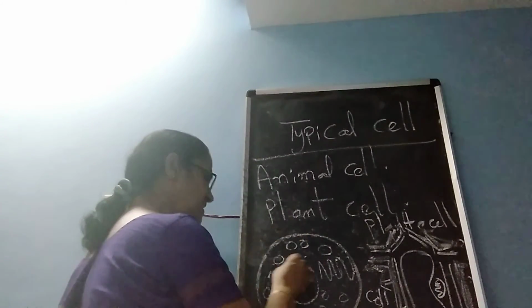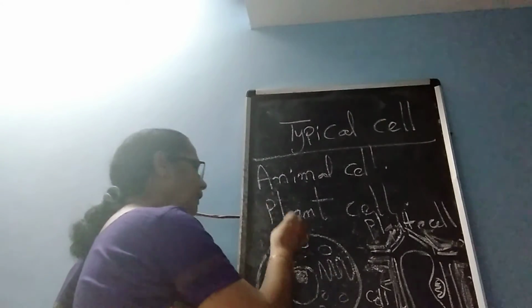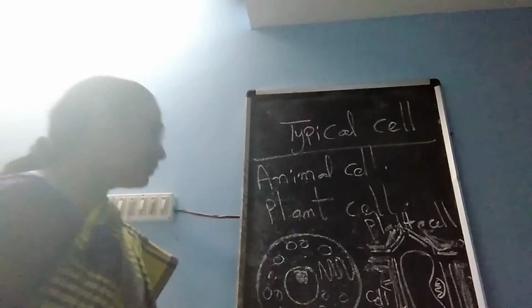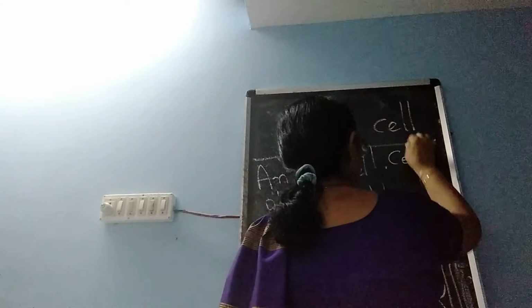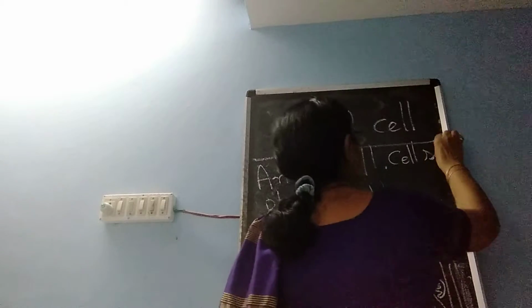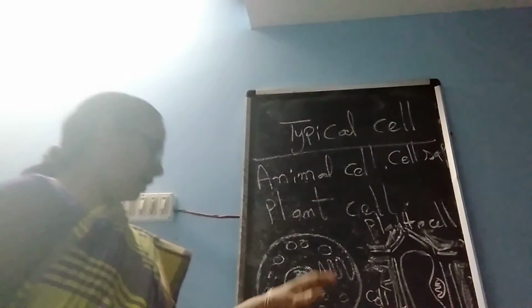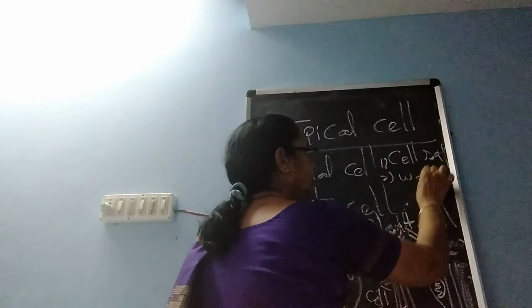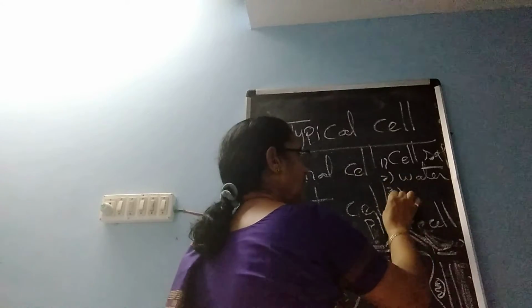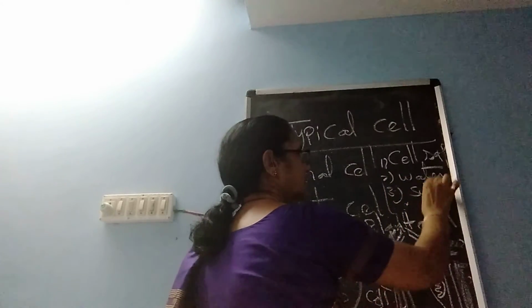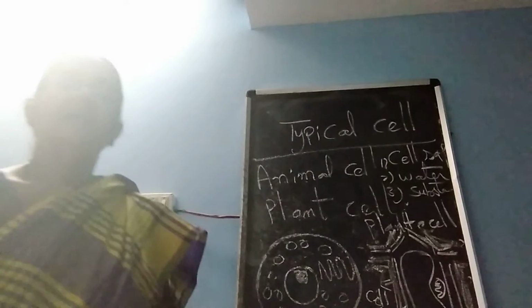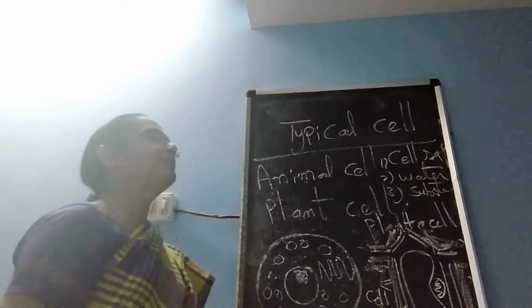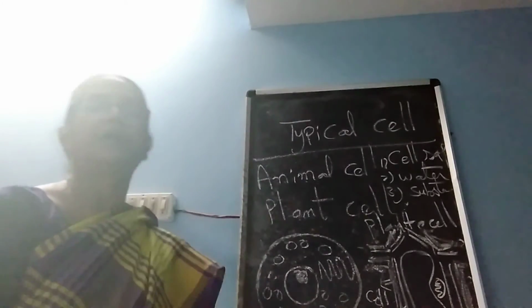Next, inside the cell, we have the cell sap or protoplasm. It is known as the cell sap. It contains water and some other substances, lipids, proteins, etc. So the cell is filled with a homogeneous fluid.